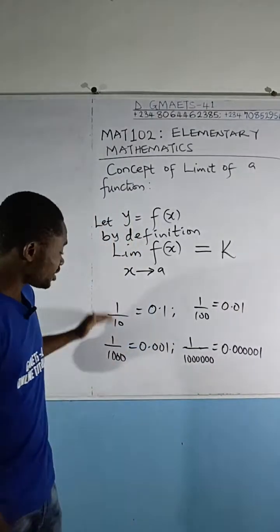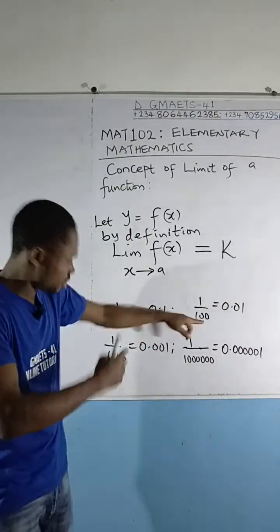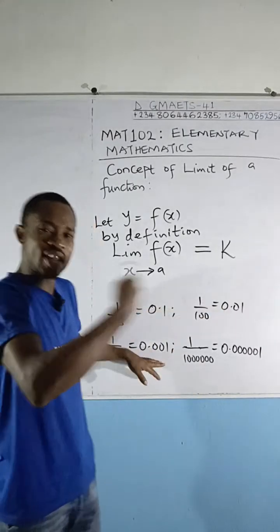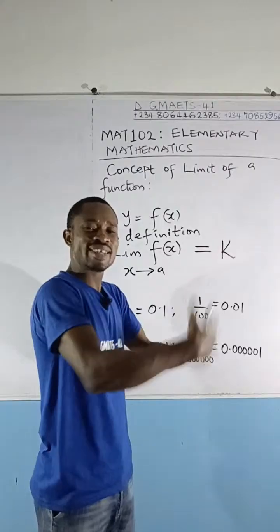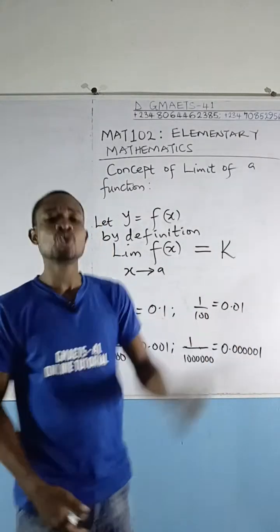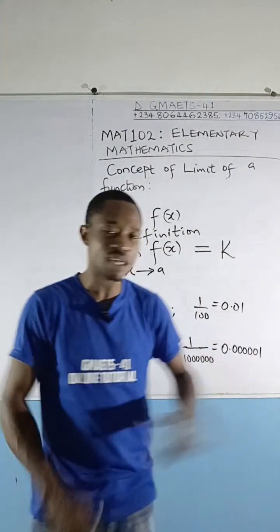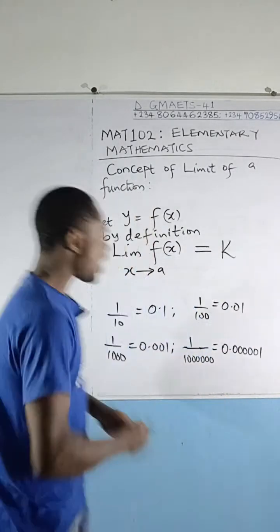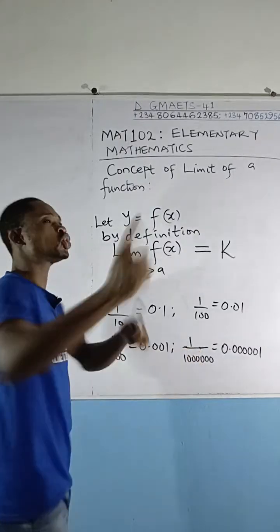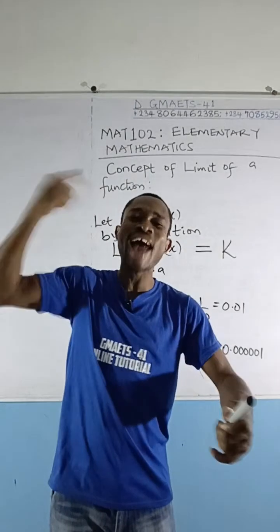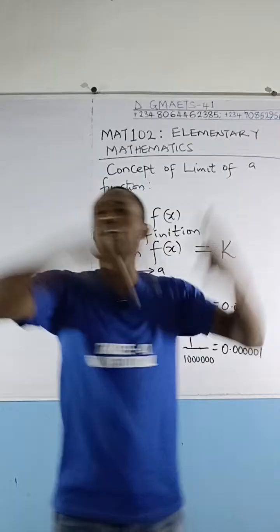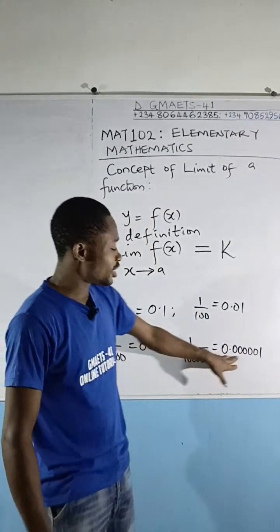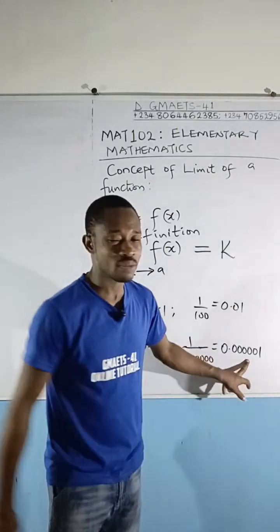When you divide by these increasing numbers 10, 100, 1000 in that order, the number of zeros before you see a digit that is not 0 keeps increasing. This tells us something: if I increase this denominator to a number so large that you don't know what that number is, automatically this thing will approximate to 0, to become equal to 0.